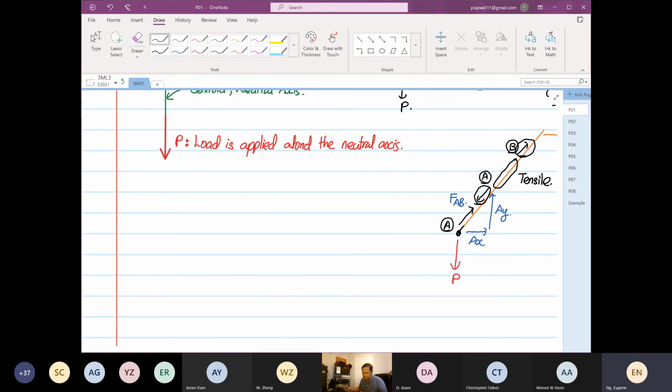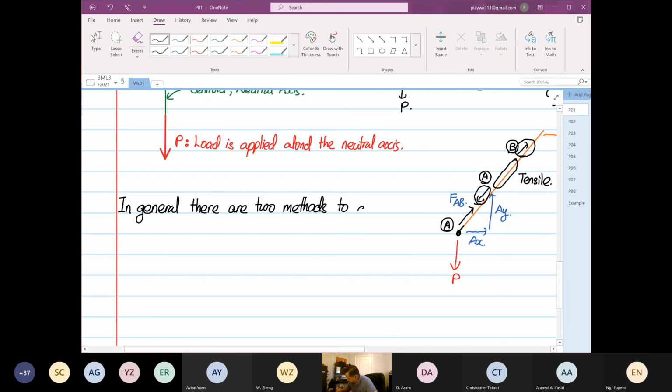So in general, okay, we're going to talk about two ways that we could design a structure. Okay, in general, there are two methods to design structures.